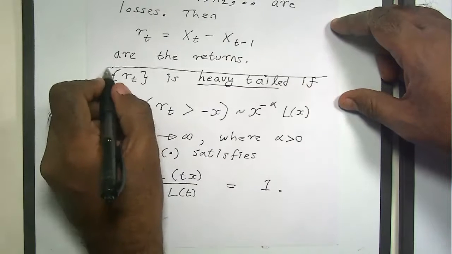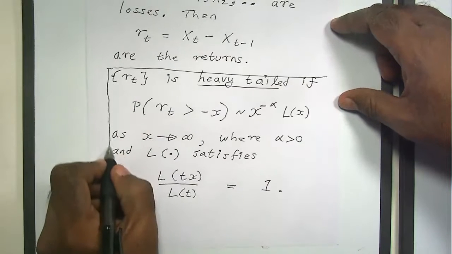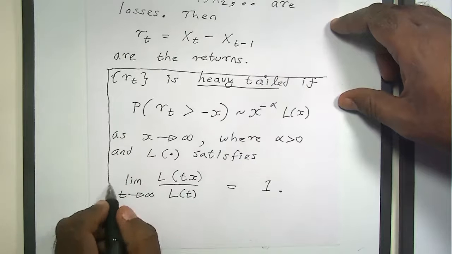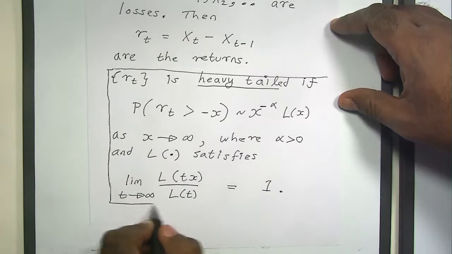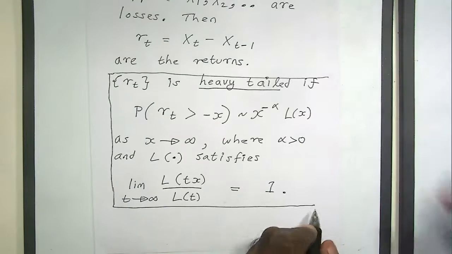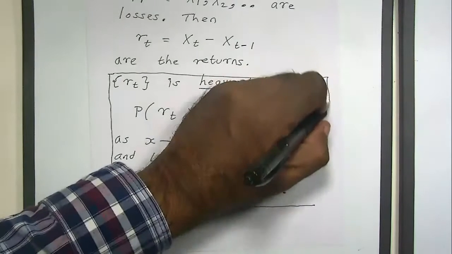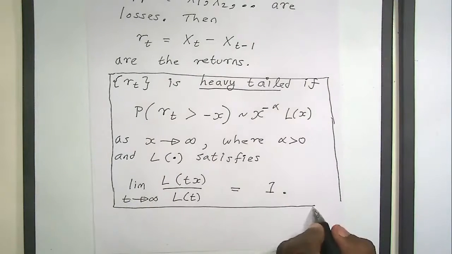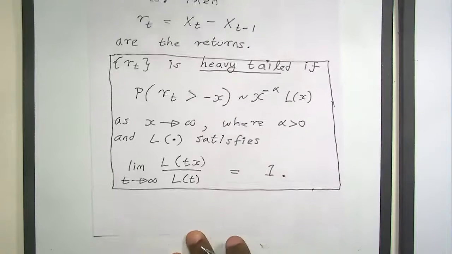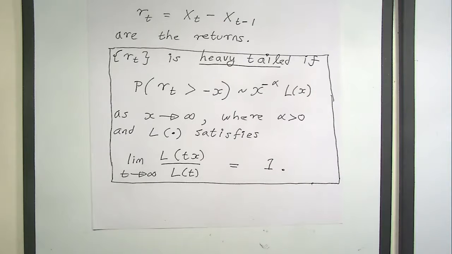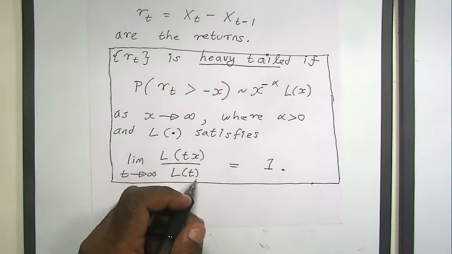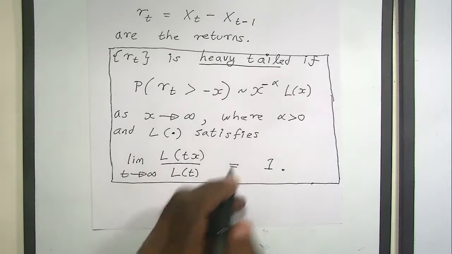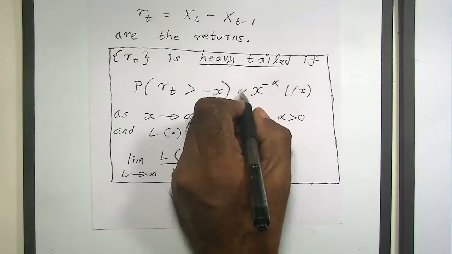What I have written down here is the definition of a heavy-tailed process. A process is said to be heavy-tailed if it satisfies the conditions listed here, where the tilde means behaves as.